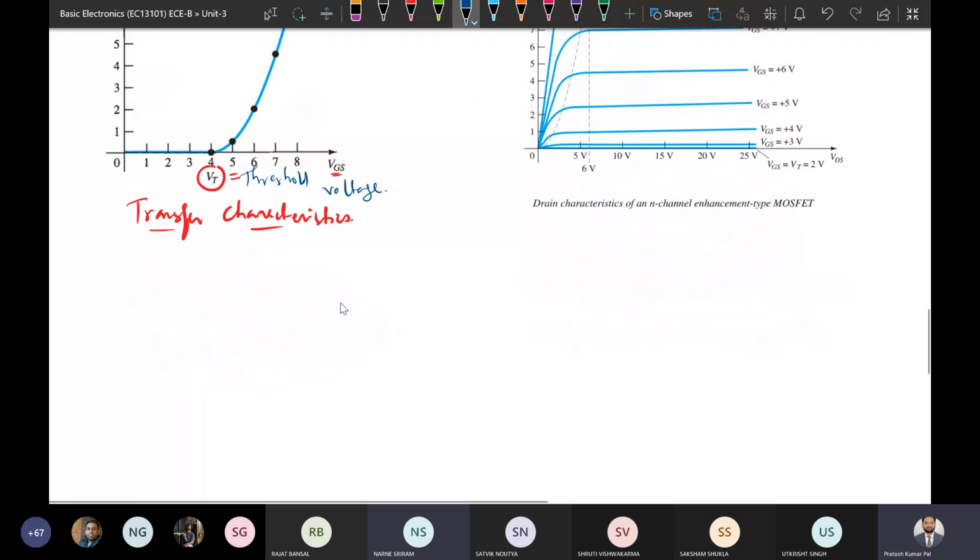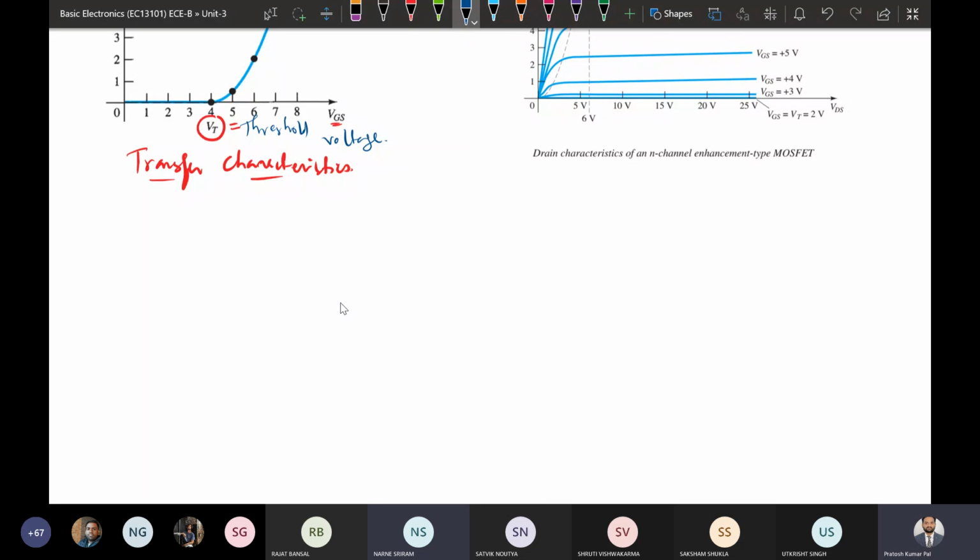the gate to source voltage at which the current starts flowing is called the threshold voltage. We can analyze this in terms of the symbol. This is the symbol of an n channel MOSFET.